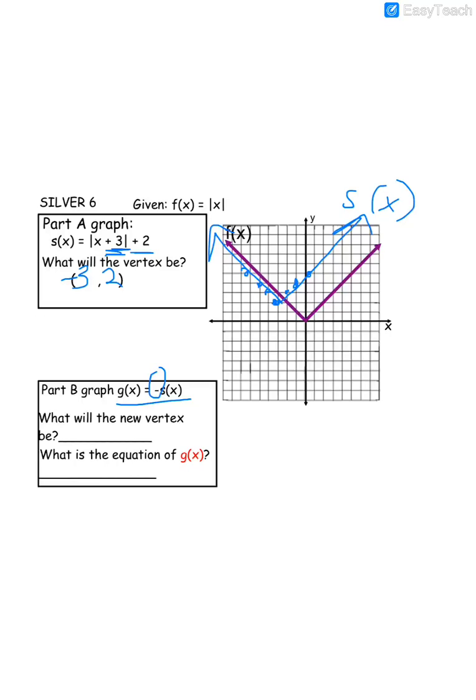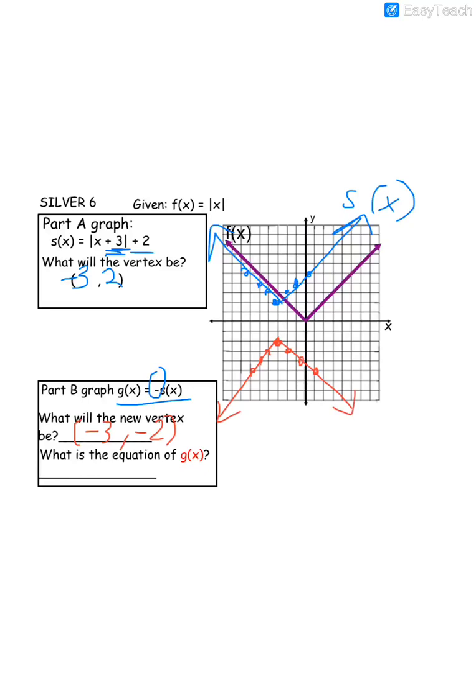Instead of being negative 3, 2, it's going to be negative 3, negative 2. So I'm going to go left 3, down 2. And it's just going to go down now. It's what we would say concave down. It's still going to look like a V, but an upside down V.